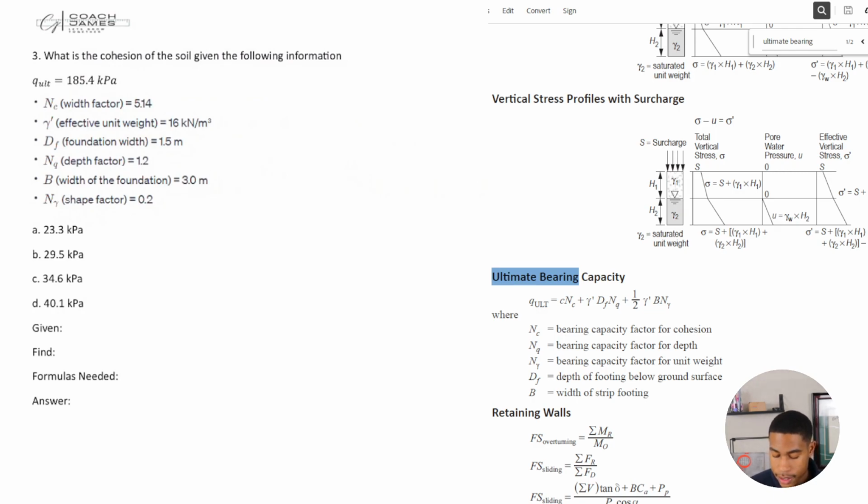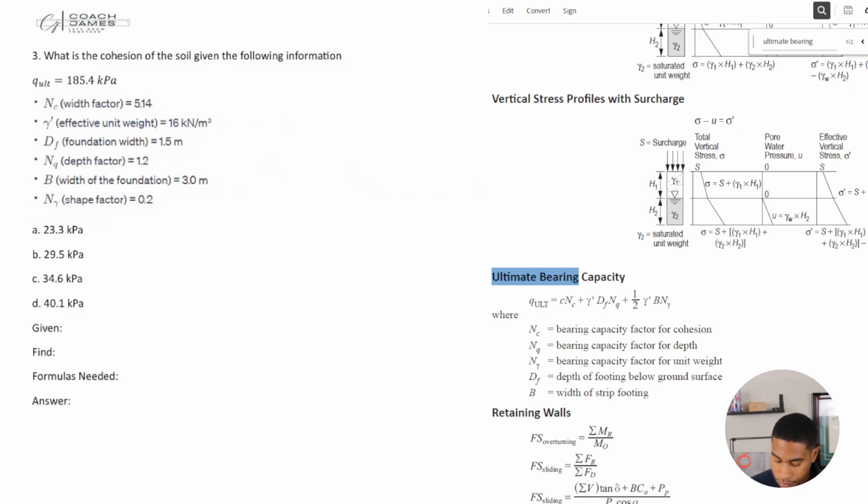So what is the cohesion of the soil given the following information? So we got Q ultimate, we got NC, we got Y prime, we got DF, which is the foundation width, we got depth factor, we got the width, the foundation, we have NY.